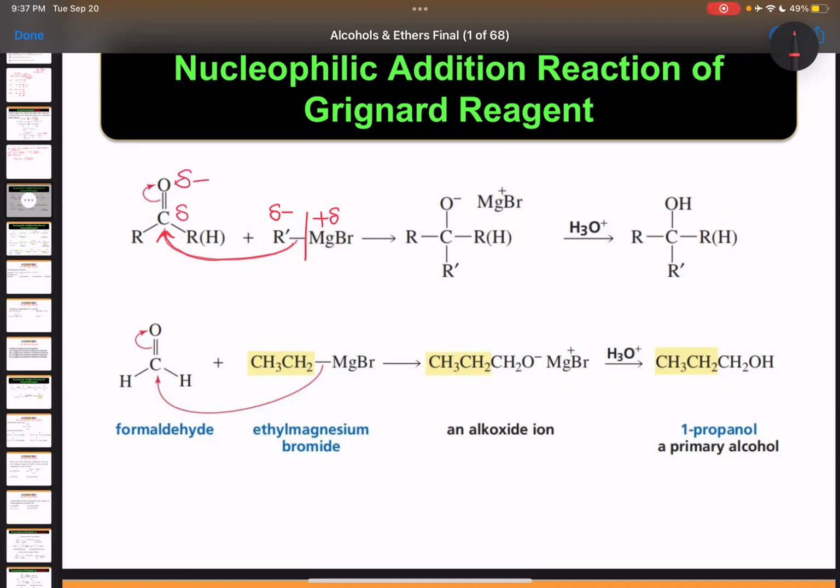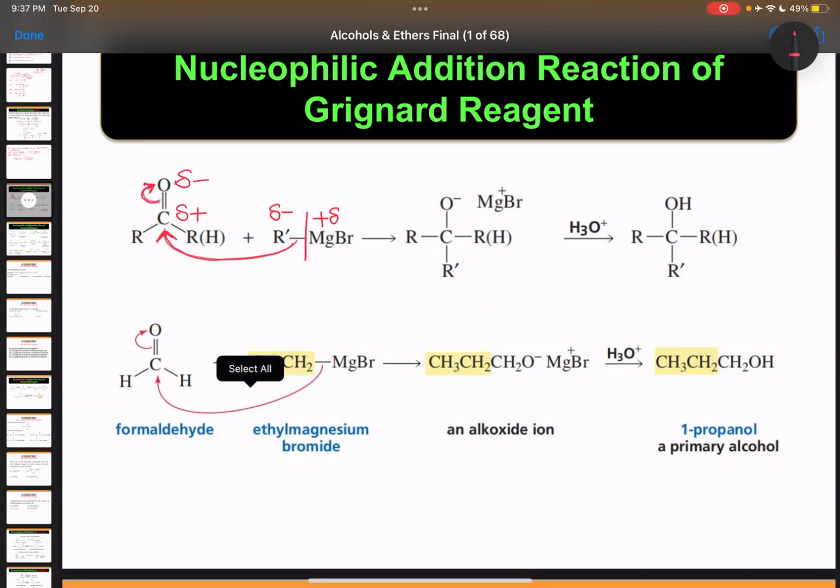In this case, the carbon is partially positive, while the carbon of your Grignard is negative. So it is going to come and attack here. And if the nucleophile is bringing in its own pair of electrons, what is going to happen? The pair of electrons which is already present is going to get pushed away.